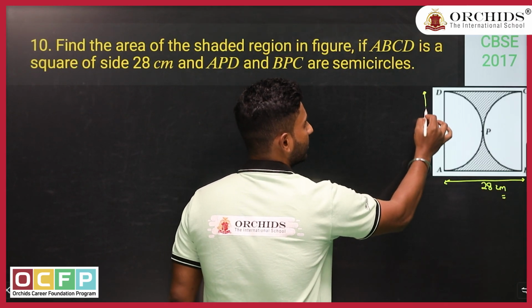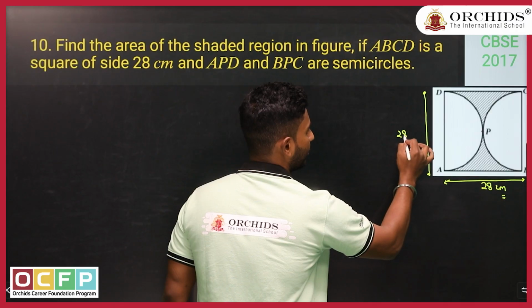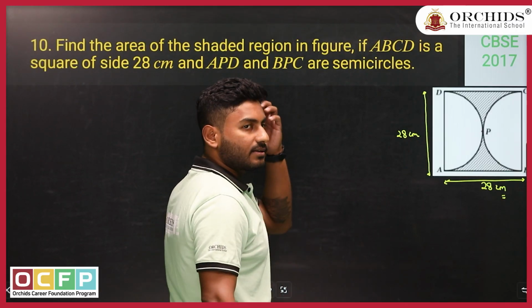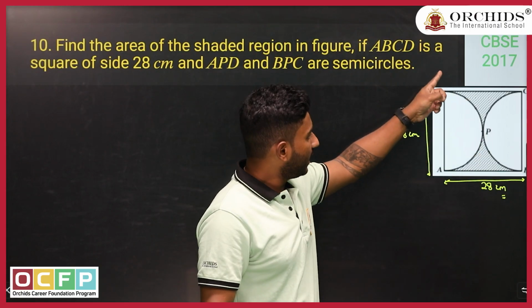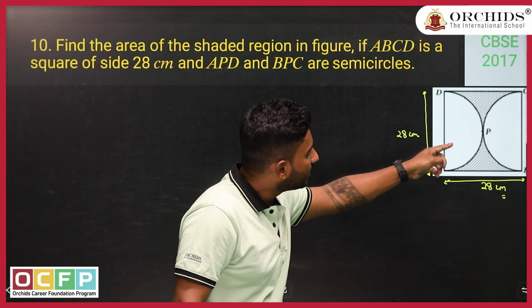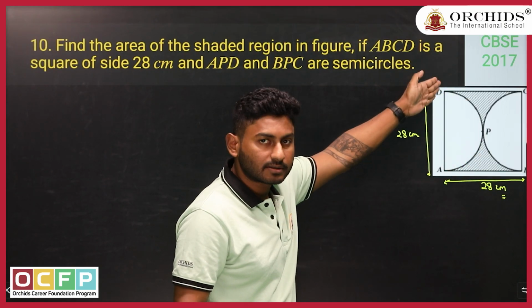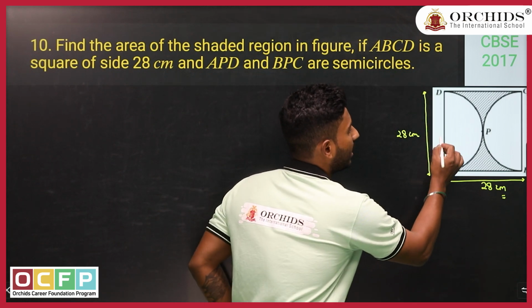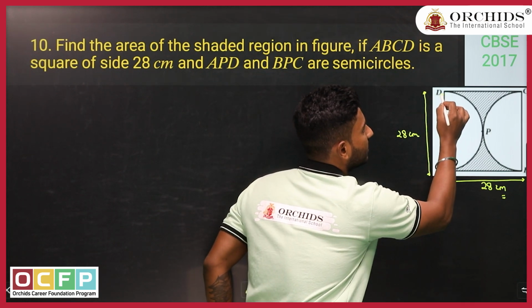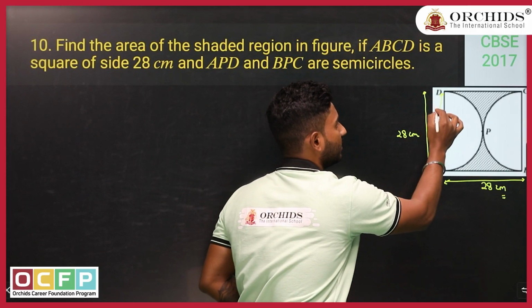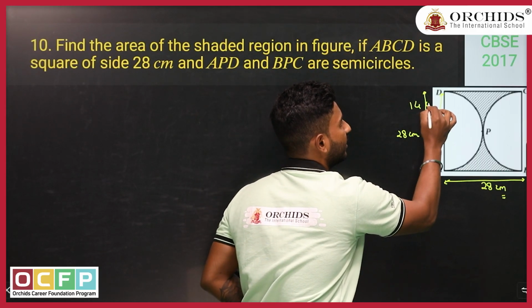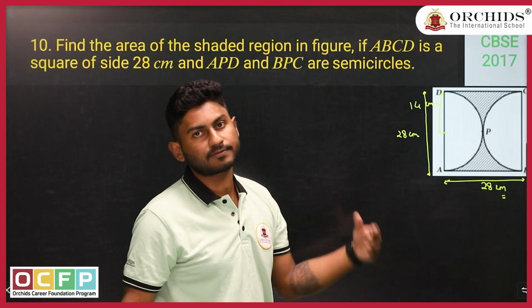So this one will also be 28 only. Now tell me one thing. Could you see this to be a semicircle? Yes. So if it is a semicircle, won't it be a diameter? If it is a diameter, tell me what will be the radius? Won't it be the half of this one, 28? So what is that? Nothing but 14 centimeters. So this part is 14. So radius is 14.